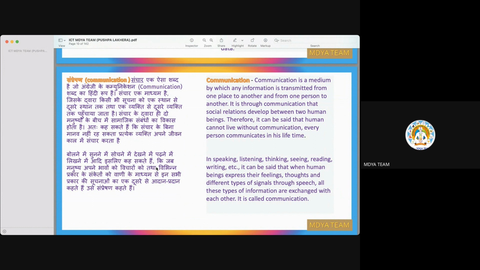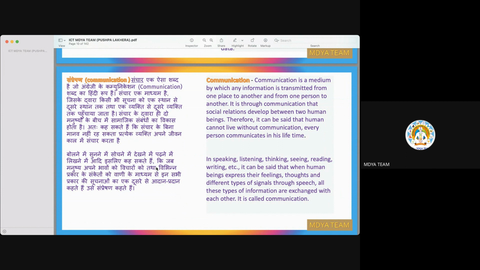They don't need any medium or any technology. But we humans, as we have the most developed brains, have developed so much that we have reached other planets also.